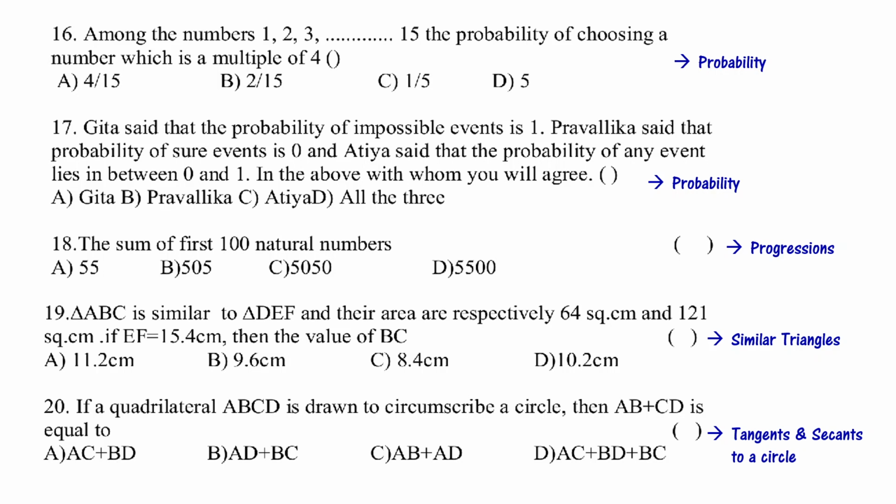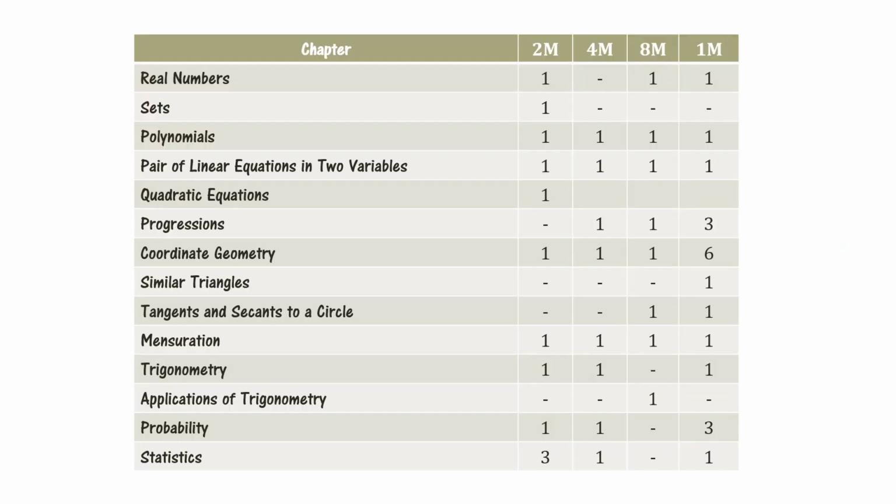Let's see the distribution of the questions from various chapters. As you see here, the sets chapter is given less weight, quadratic equations is given less weight, and similar triangles has only a 1 mark question in this model paper.